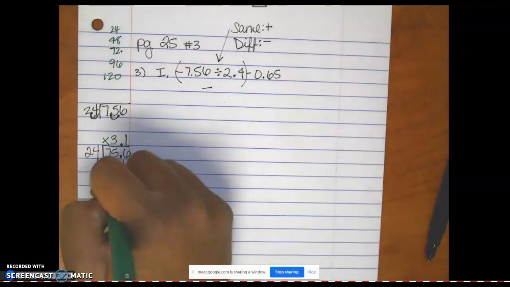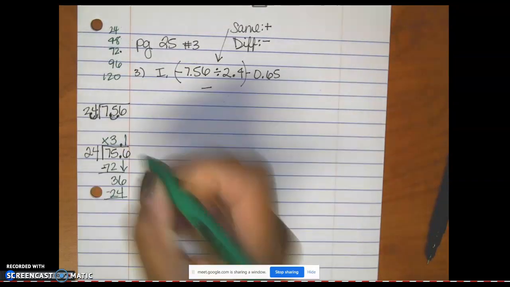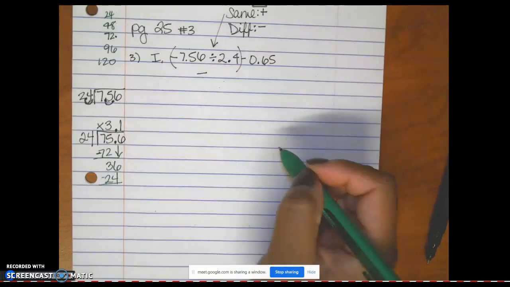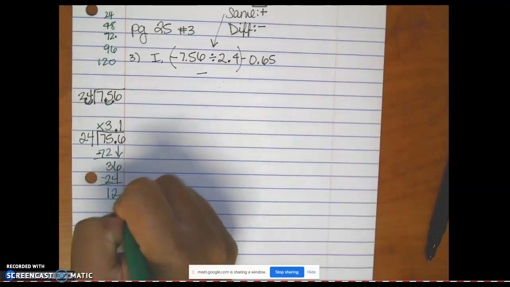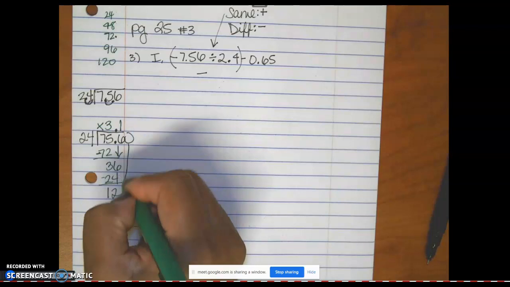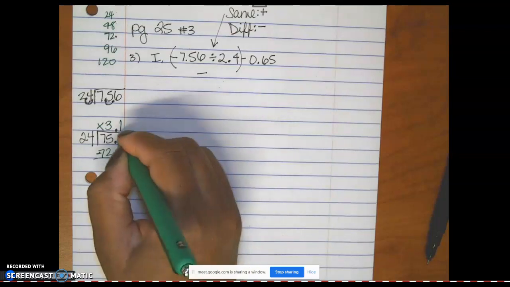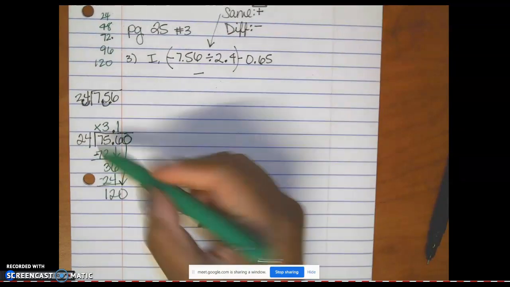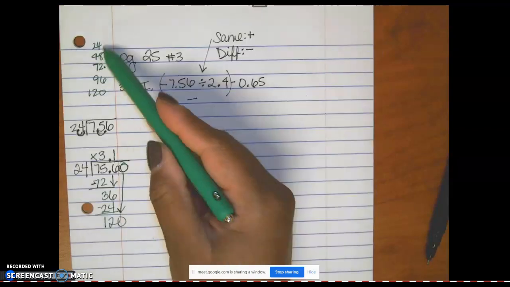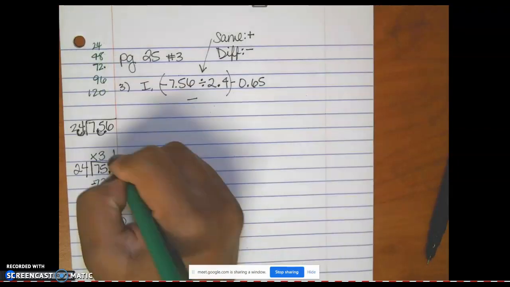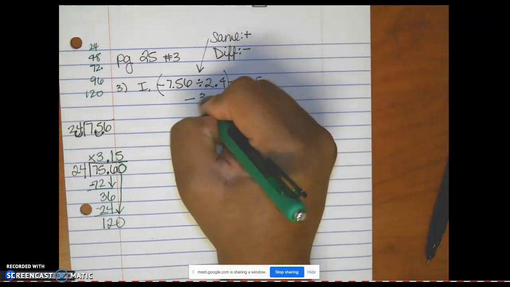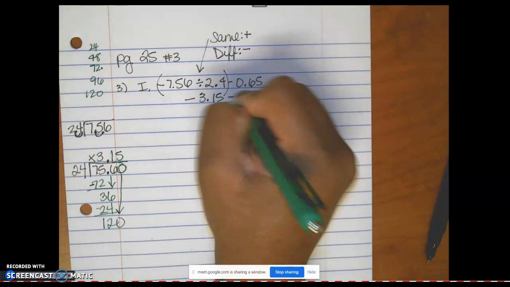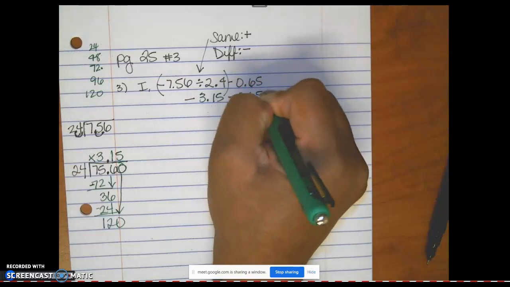All right, 24. 36 minus 24 is 12. Bring down another 0. You got to create a 0 there. 24 into 120, how many times? 5 times. So this is negative 3 and 15/100 minus 0.65.